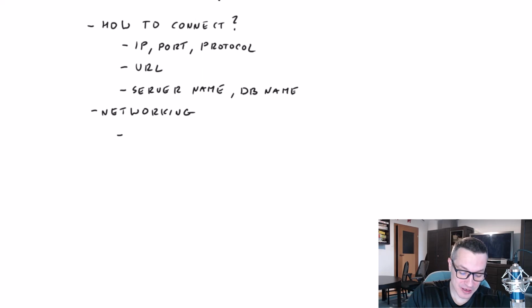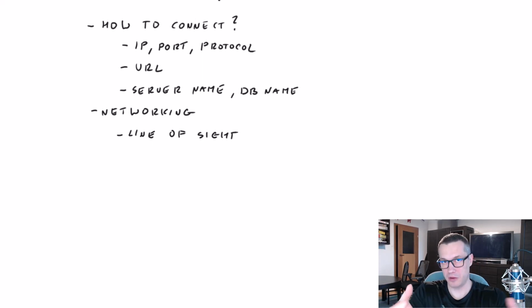So you would have to check if there is something called line of sight between the tool you want to use to ingest the data and the data source to which you want to connect. For example, from ADF to a database. And pretty often there won't be this line of sight. There will be some obstacles down the road, like firewalls.